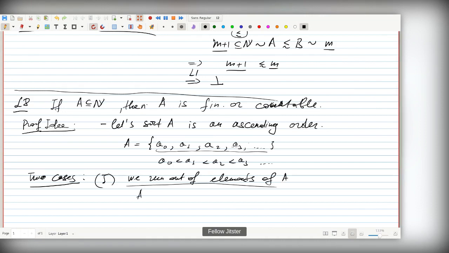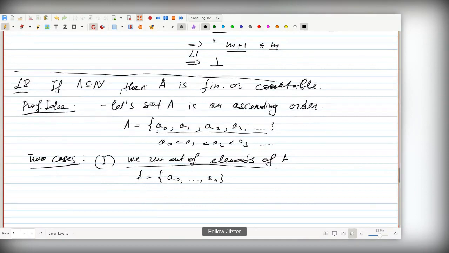That means that for some n, we have something like that. Then A is finite. We have a bijection between A and n underlined.